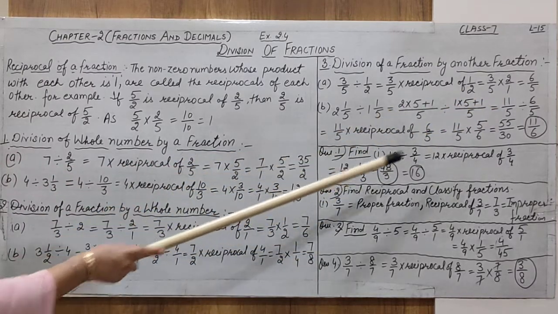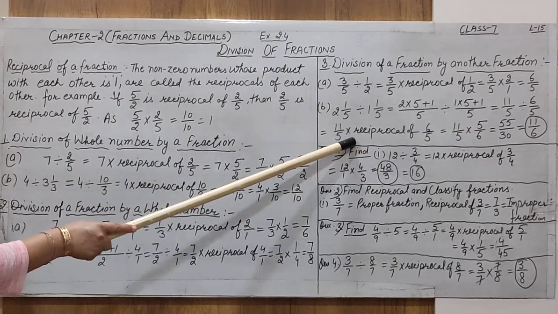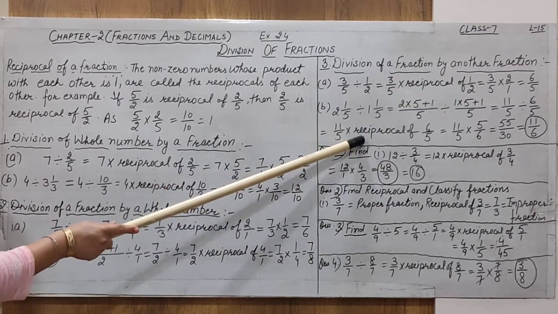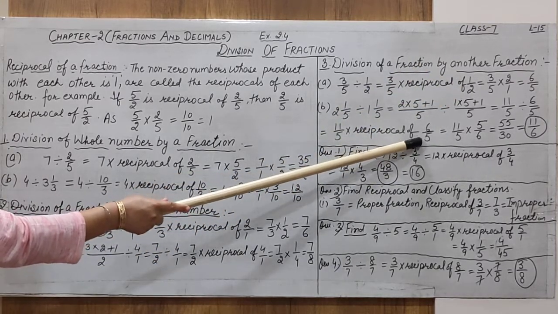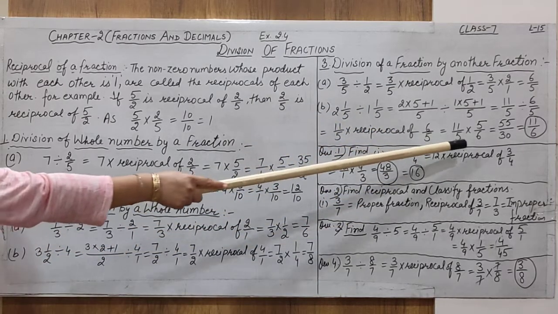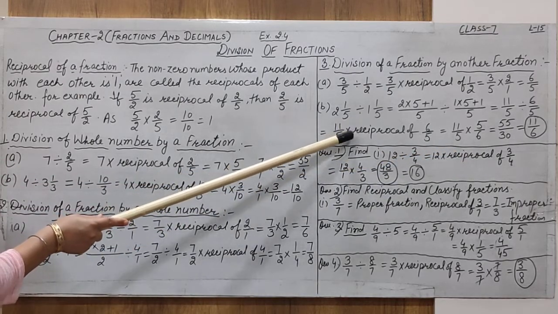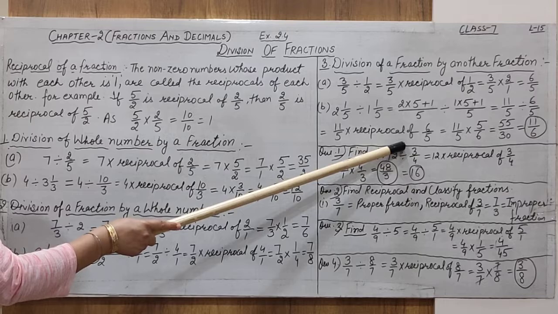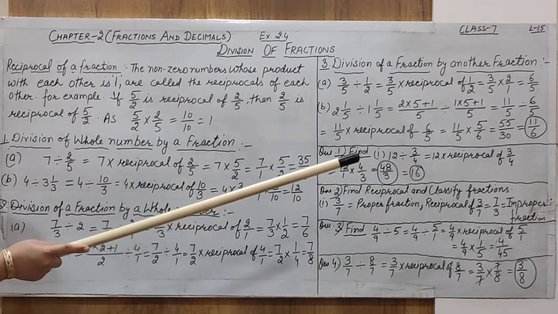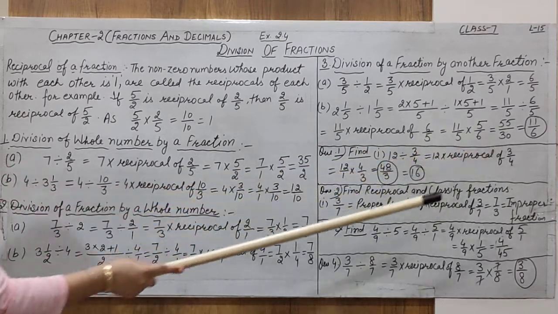The process is to change the division sign into multiplication, and instead of 6 by 5 we use its reciprocal, which is 5 by 6. So 11 by 5 is multiplied with 5 by 6. The result is 55 by 30.